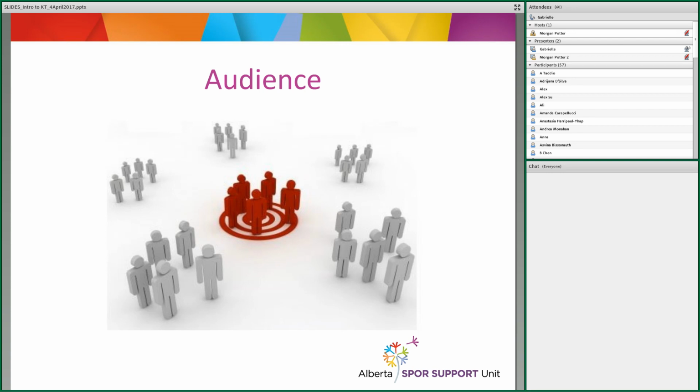Does your plan consider all potentially relevant knowledge user audiences? Are they precisely defined? Simply mentioning clinicians, managers, policymakers, etc. is not sufficiently specific to make clear that the audiences selected are appropriate to your goals.